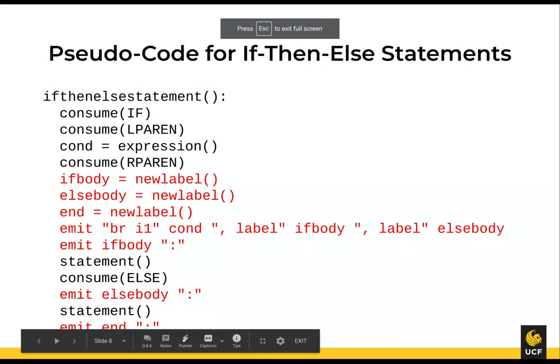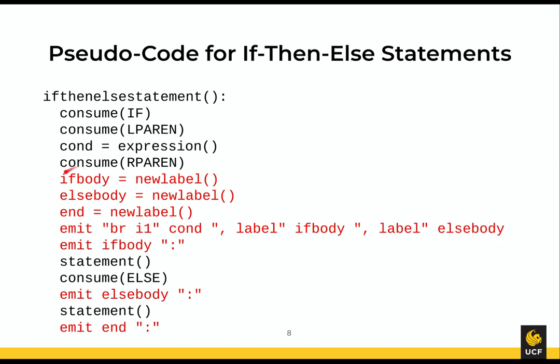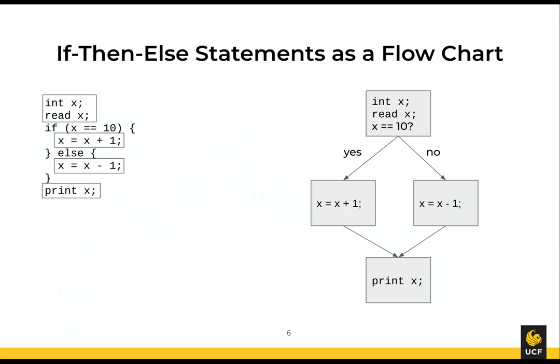Okay, so to generate code for this, it's slightly different. We still need 2 labels for our branch, but in this case, one is going to be jumping to the body of the if and one that jumps to the else. And then, in order to handle this behavior where whichever block we take, they always branch back to the same instructions that follow the if statement, we add a label before the code after our if statement.